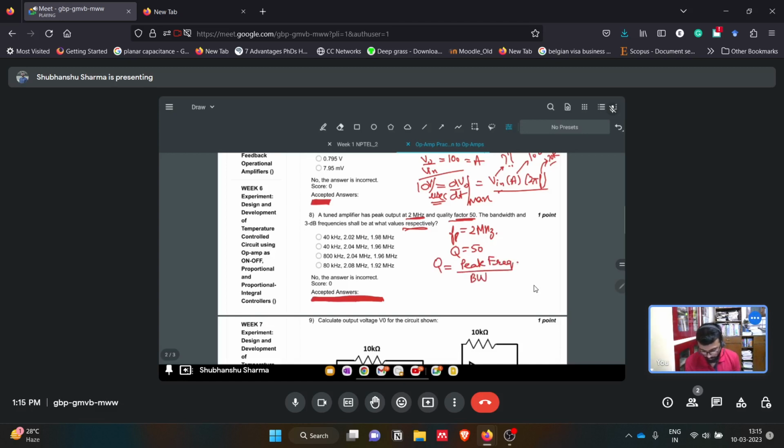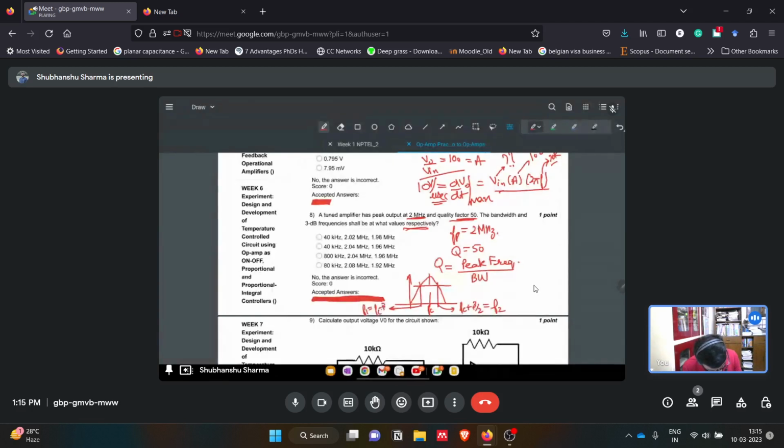Okay, and if we see the quality graph, it is something like this. This is the bandwidth. So here this is fc, this is fc plus beta by 2, which is equal to f2, and this is f1 equal to fc minus beta by 2.